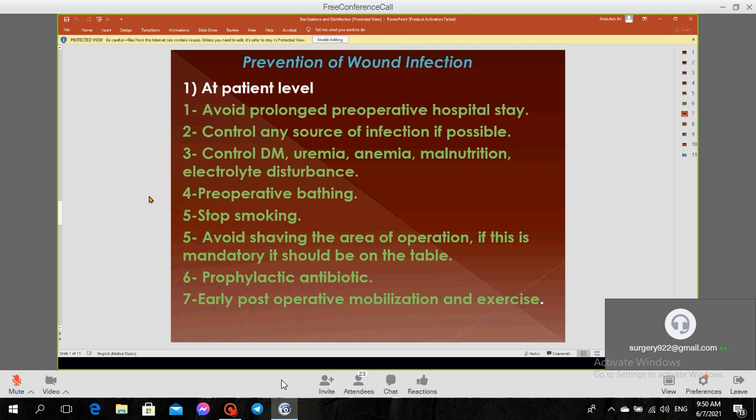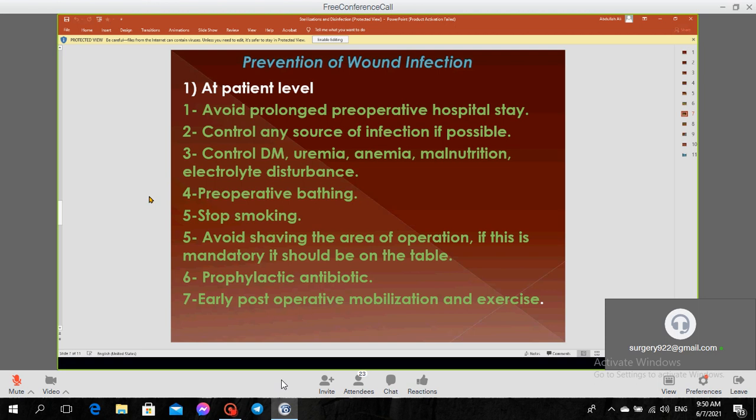The admission is near a patient with multiple microorganisms in the wounds. The next patient may have pneumonia. So the best is to avoid prolonged preoperative hospital stay.